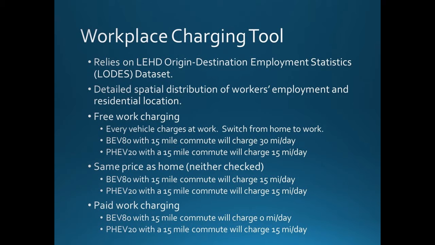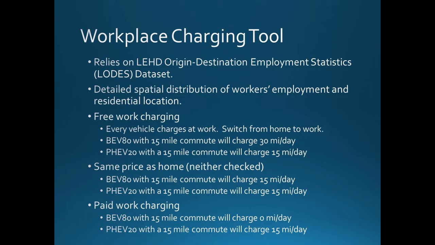If you were a PHEV 20 with a 15-mile commute, you would charge 15 miles at work and 15 miles at home, and it matters how big your battery is, how much you can actually arbitrage or take advantage of this. If it's the same price as home, the BEV 80 will actually only do half of its charging at work, but the PHEV 20, because it's still cheaper than gas, will do the same thing as free work charging, kind of the 15 and 15.